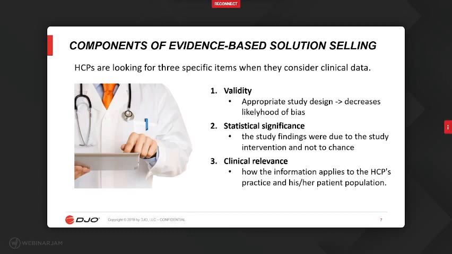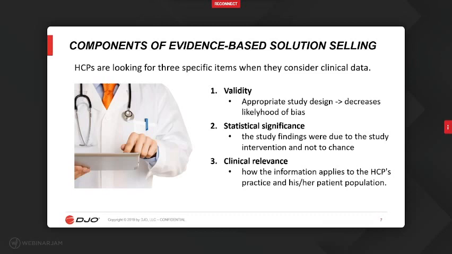Because many representatives present clinical data starting with the results first. For instance, we want to say, Doctor, look, I have an interesting new publication showing that 3 weekly sessions of RPW treatment is effective for improving symptoms in Achilles tendinopathy.